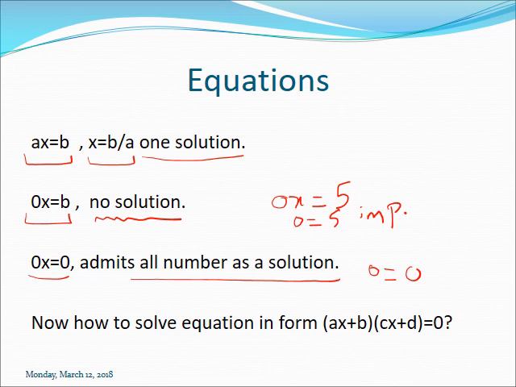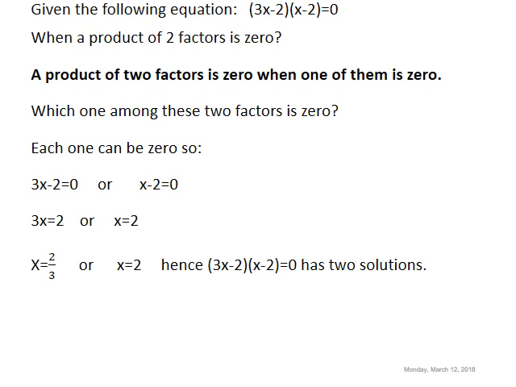And now, how to solve an equation in the form (ax plus b)(cx plus d) equals 0. Given the equation (3x minus 2)(x minus 2) equals 0. A product of two factors is 0 when one of them is 0. Which one of these two factors is 0?